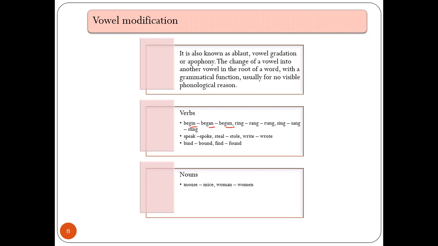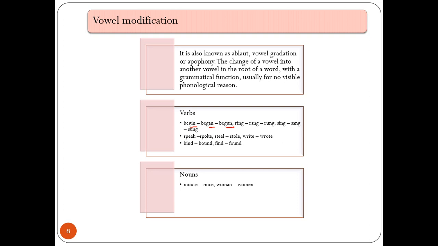Look at the other examples. Ring, rang, rung; sing, sang, sung; and speak, spoke, spoken even; and then we have steal, stole, stolen; write, wrote, written; bind, bound; and find, found. These are all examples of verbs where we have observed vowel modification, that only vowels, the sounds, are changed.